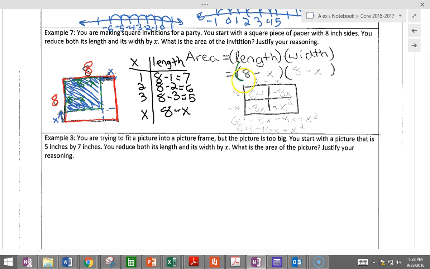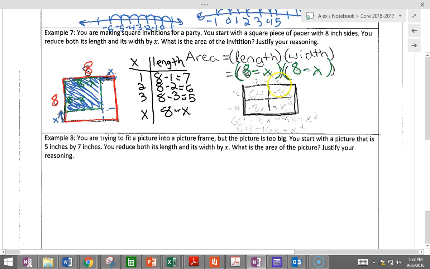So I have 8 minus x times 8 minus x. We're doing the same thing we've been doing with multiplying. We create that 2 by 2 box. I have 8 minus x on top, 8 minus x on the side.